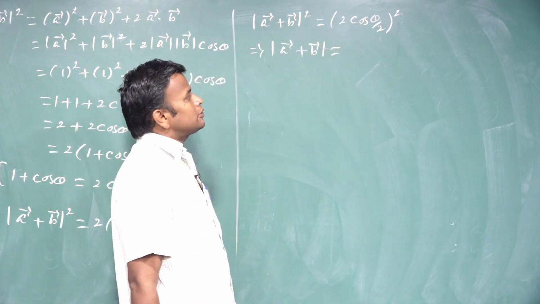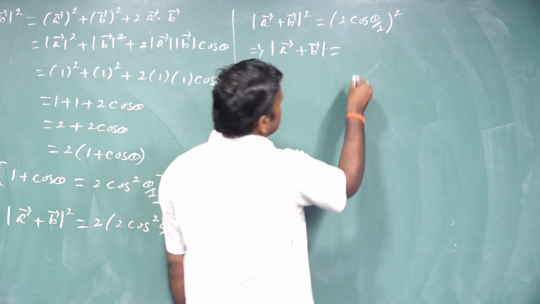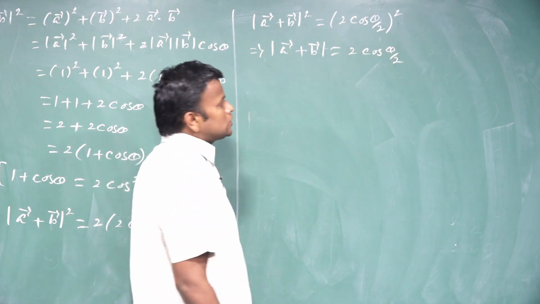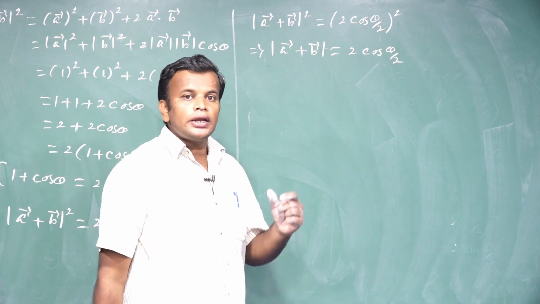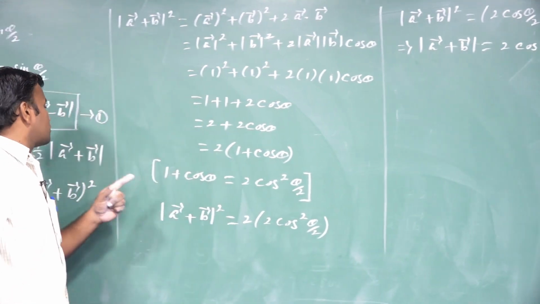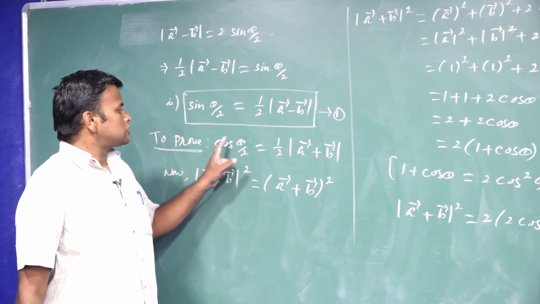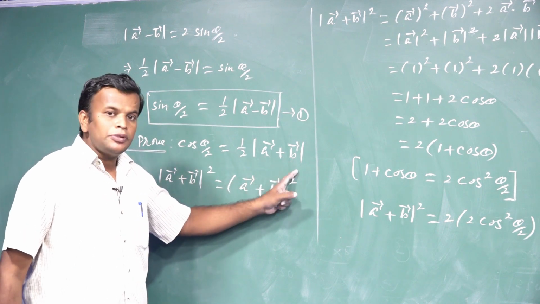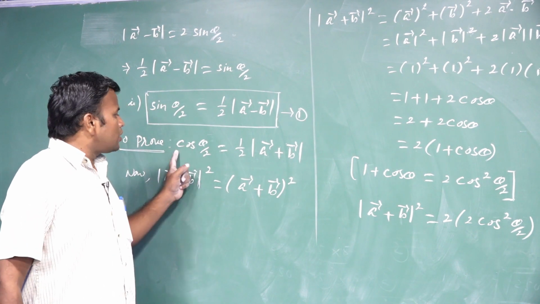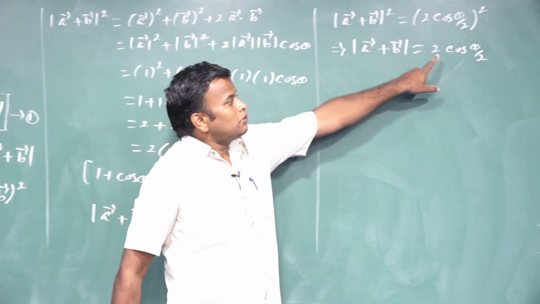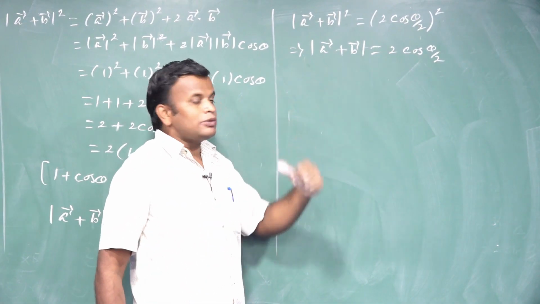So modulus of A vector plus B vector value is 2 cos theta by 2. But in our proof, again we see the proof. What is the proof? We prove cos theta by 2 is equal to half of modulus of A vector plus B vector. But this cos theta by 2 is multiplied with 2, so the multiplication by 2 becomes division on that side.